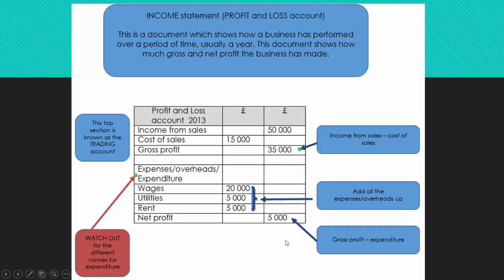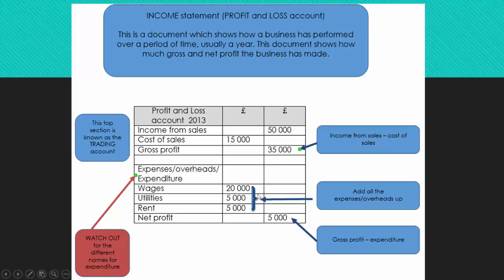The more detailed analysis that you can do here is to say, well actually, the reason that we do these two calculations is, you'll say £50,000 came into the business and it cost us £15,000 to make that 50 grand, or to make the products that made us that 50 grand, which left us with that 35,000. So that's pretty good.